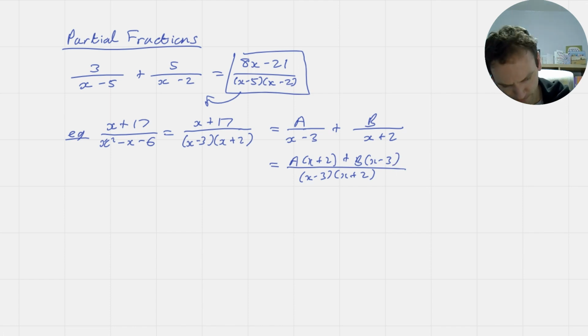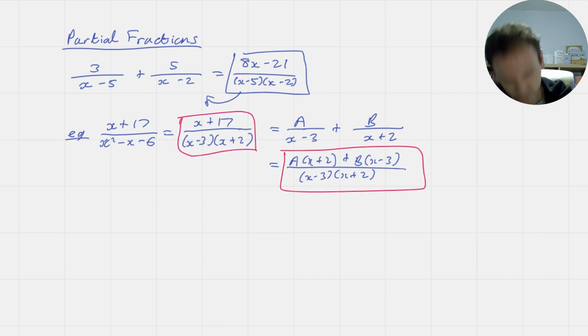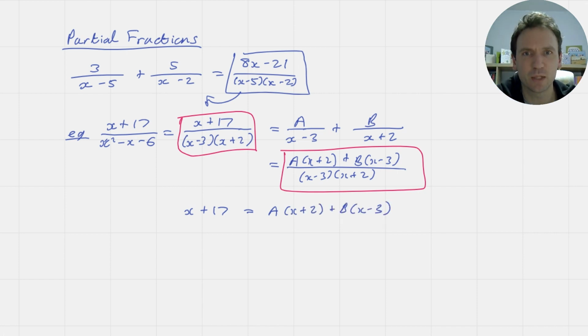We can now compare what we've got: the denominators are the same, so we need to make sure the numerators are the same. So we want to choose the values of A and B so that x + 17 is equal to A(x + 2) + B(x - 3). If we find values of A and B that make that work, we're in business.